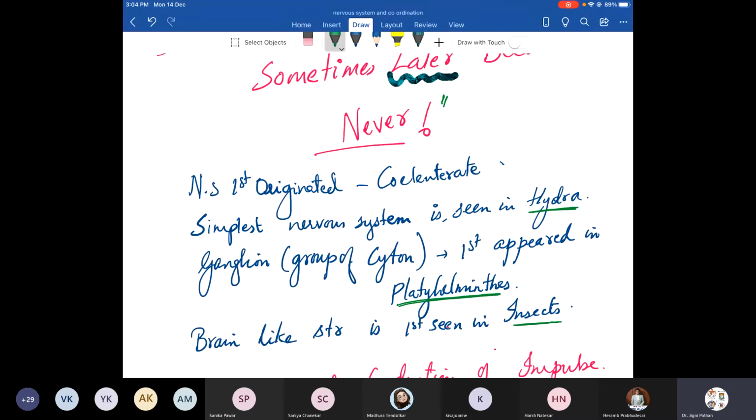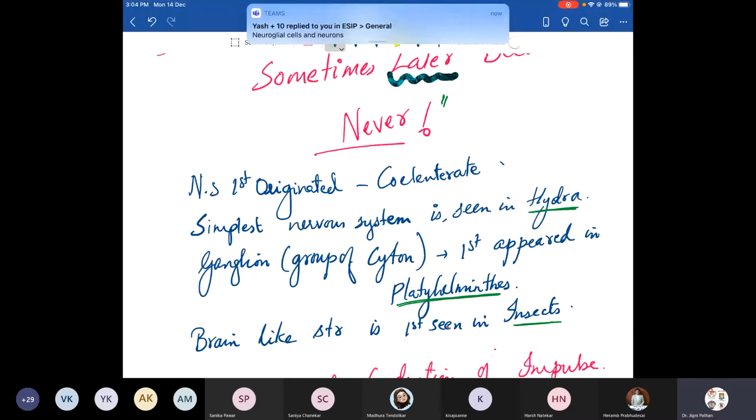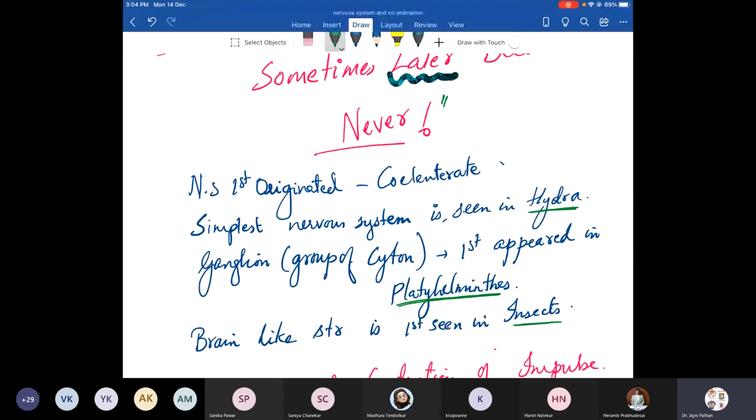Do you remember where we studied the neurons and the forms of nervous tissue? What different types of cells are present in the nervous tissue? Which types of cells do you find in the nervous system? Neuroglial cells and neurons. Yes, very good. These are two different types of cells that are found in nervous tissue.